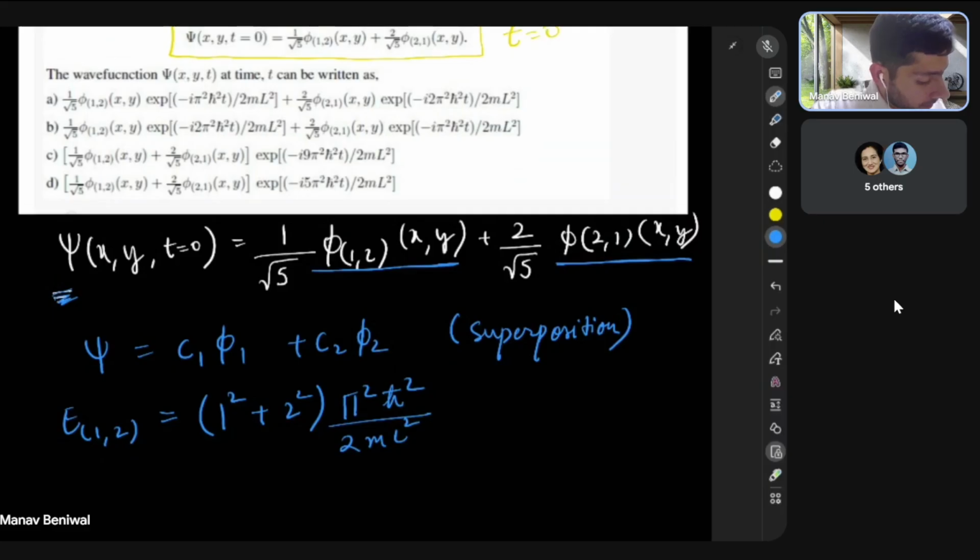So this will be 5 pi squared h cut squared over 2 m L squared. Is this correct? So this 1 2 is essentially giving us information about nx and ny. Phi 1 2 means that our nx is 1 and ny is 2. Similarly, E 2 1 will mean that our nx is 2 and ny is 1.